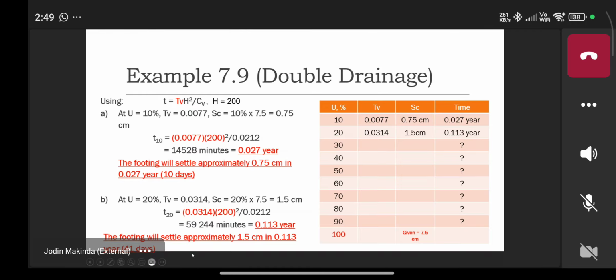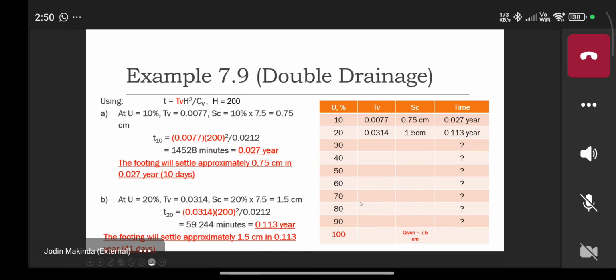And for time at 20%, again, we go back to the equation. We can solve that T20 is 0.113 year. Meaning that the footing will settle approximately 1.5 cm in 0.113 year or 41 days. This is for double drainage.